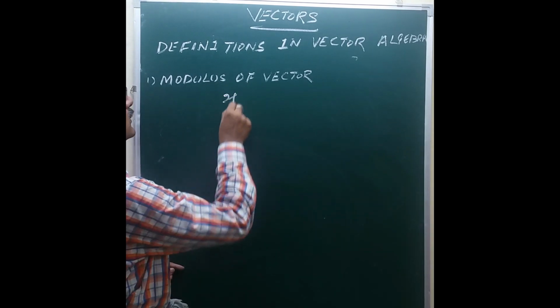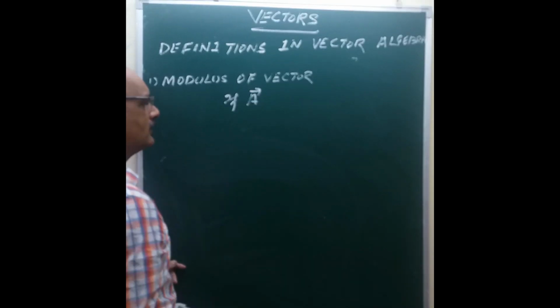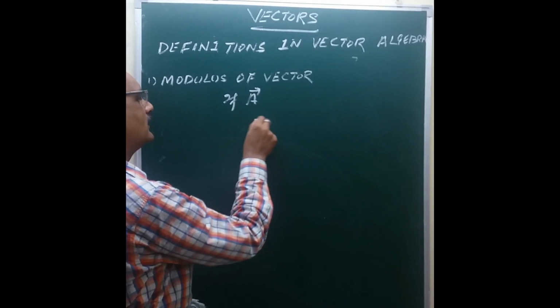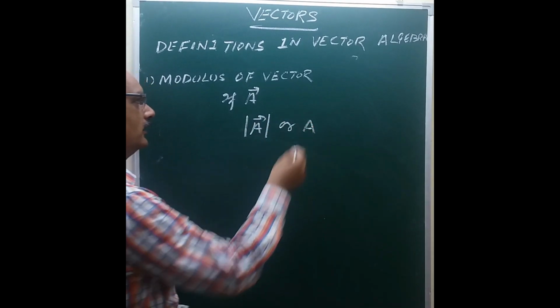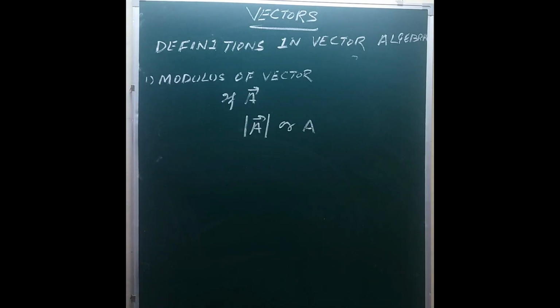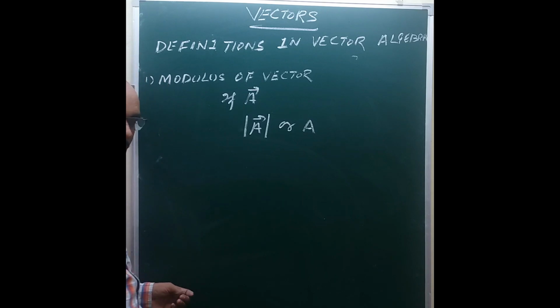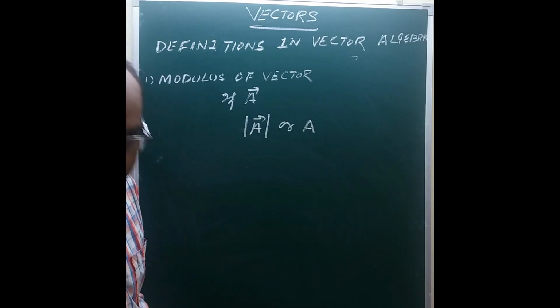If I have vector A, then its modulus or magnitude is represented by mod A or A. Clear? The magnitude of any vector is called the modulus of vector or mod of vector. Now next one.